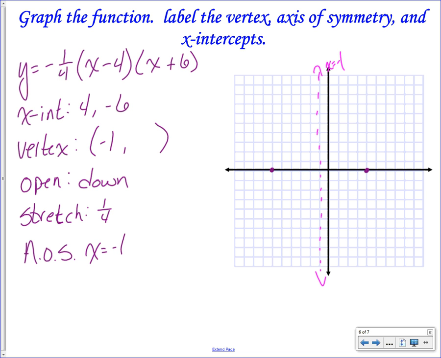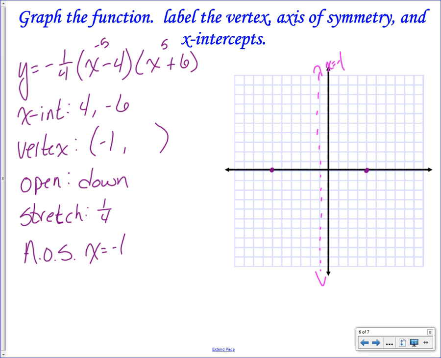It's opening down. Now I need to do a little bit of math, right? So it's -1 minus 4, -5, and -1 plus 6, 5. Ooh, not a good one.